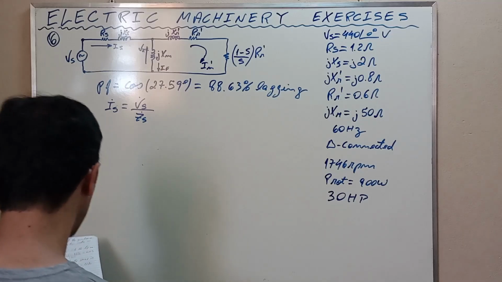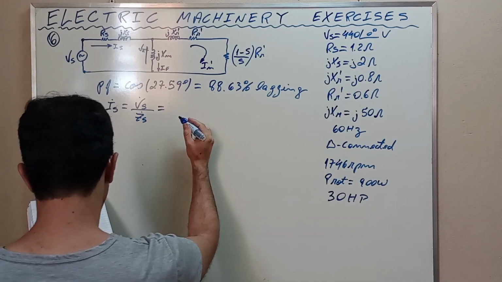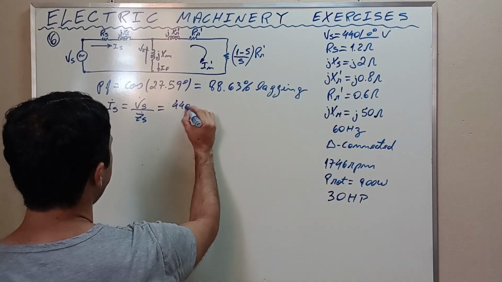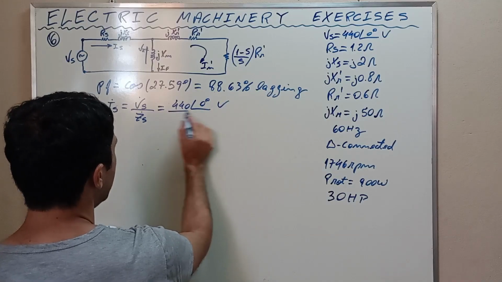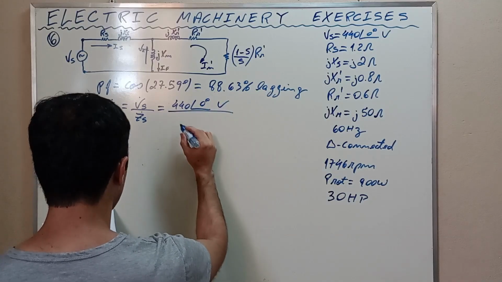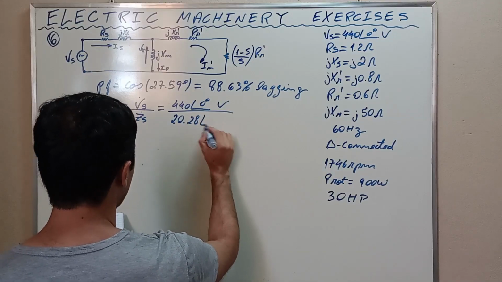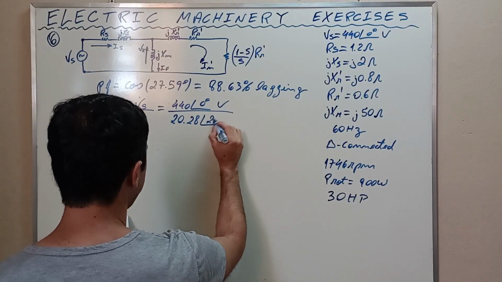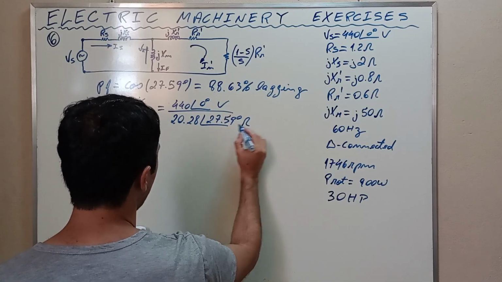The impedance seen by the source is equal to 440 phase 0 degrees volts divided by 20.28 in the phase 27.59 degrees ohms.